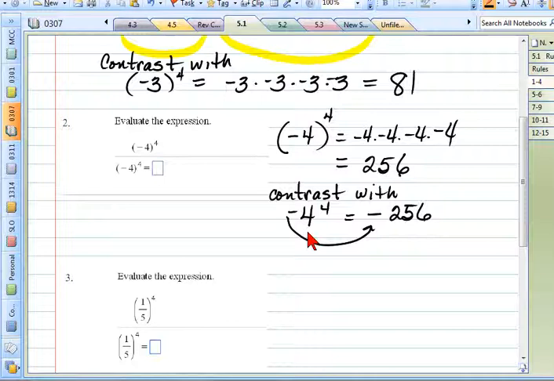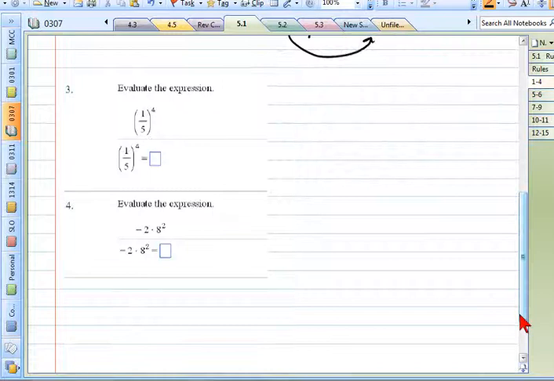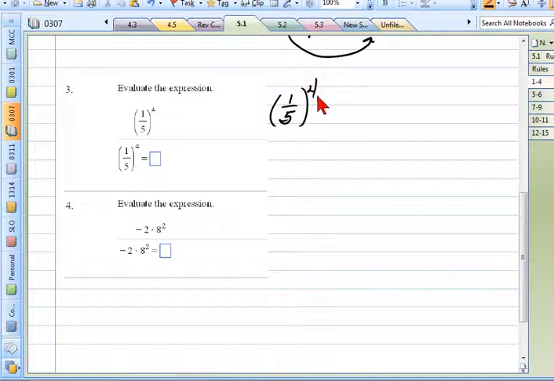All right, let's move on to number 3. It asks me to evaluate the expression, and I have the fraction 1/5 raised to the 4th power. If you want both the numerator and the denominator of a fraction to be affected by the exponent, in other words, to be the base, you have to use parentheses.